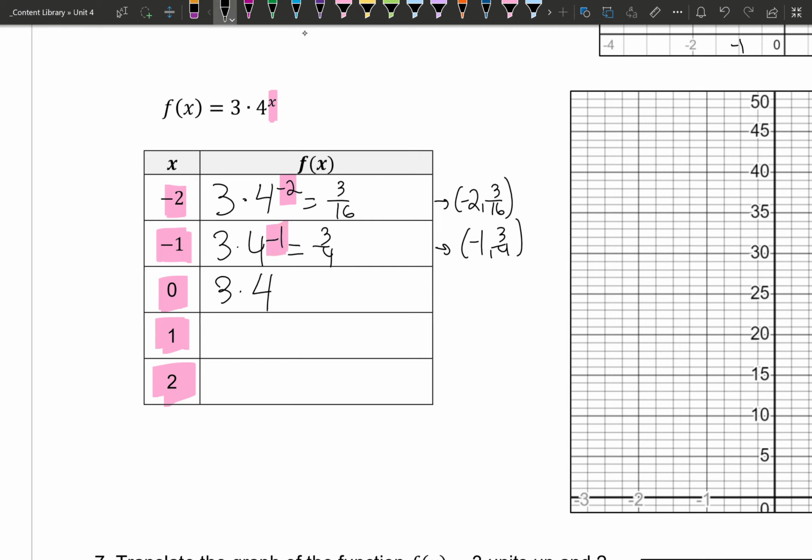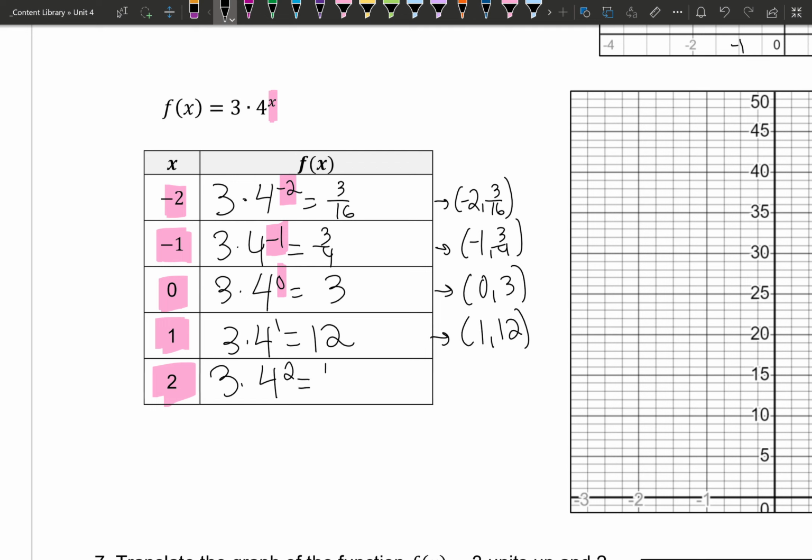That's bigger, but still a small fraction. When I plug in 0, I get 3. When I plug in 1, I get 12. And when I plug in 2, I get 48.